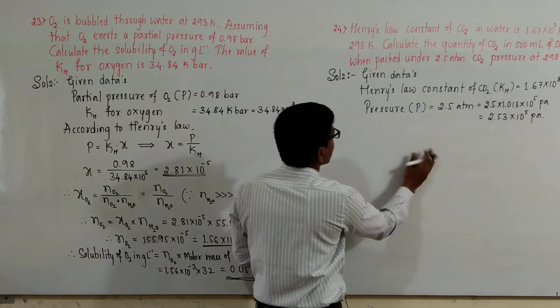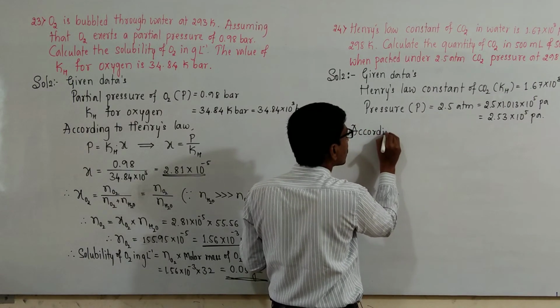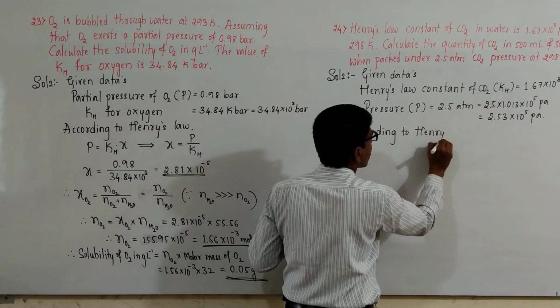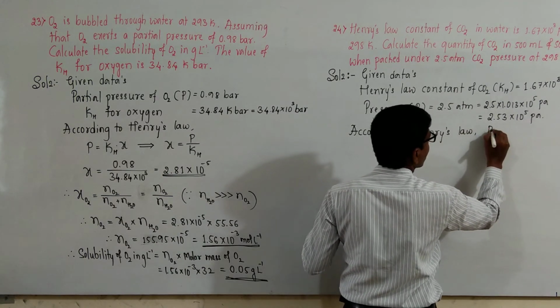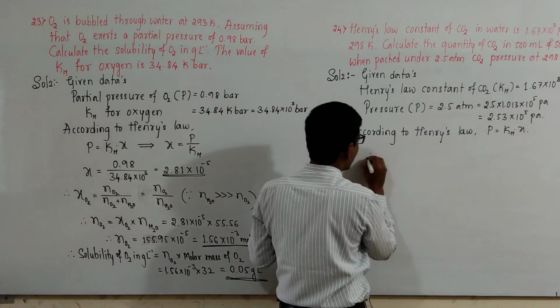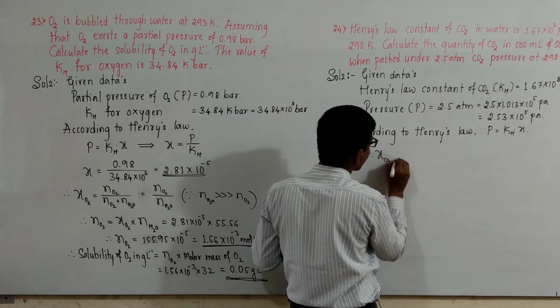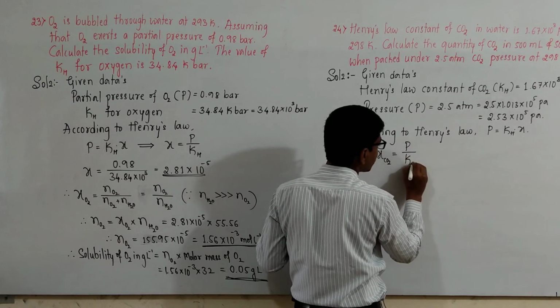Now according to Henry's law, P is equal to Kh into X. Therefore, X CO2 is equal to P by Kh.